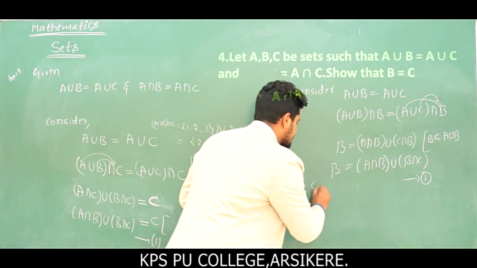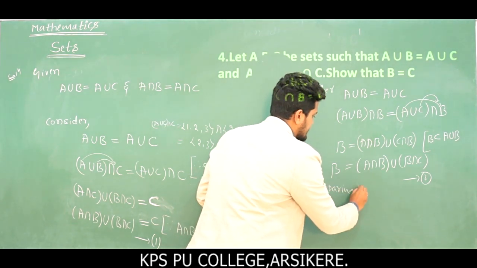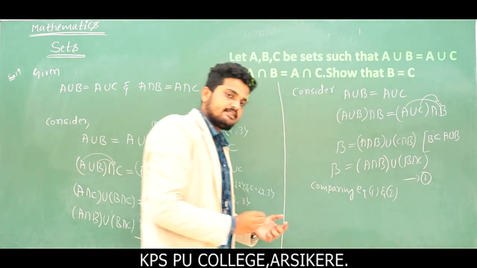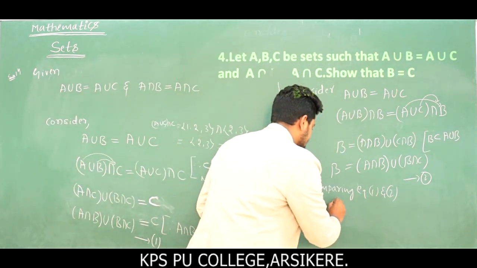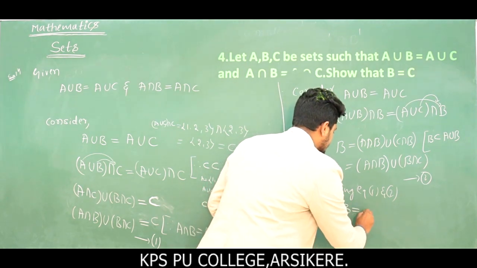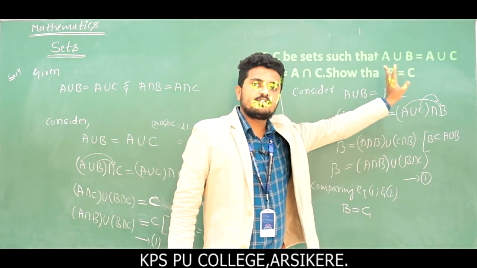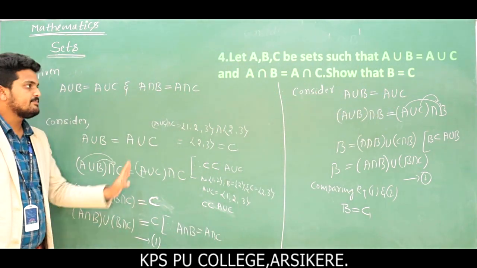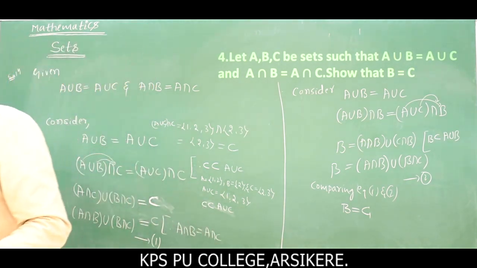So comparing equation 1 and 2, clearly we can say that C is equal to B, therefore B is equal to C. So that is what we had to prove, B is equal to C. Okay, right.